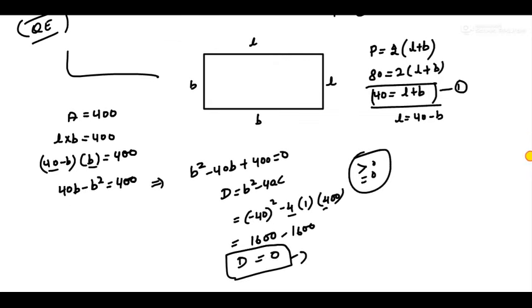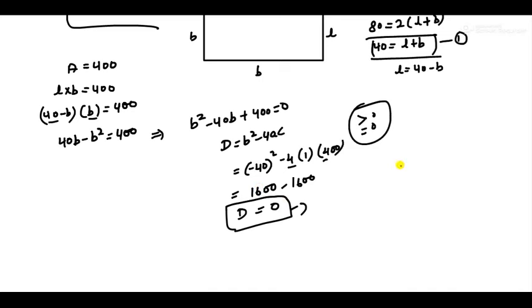Now, how to find the value? So use this equation, that is b square minus 40b plus 400 equals 0. Do the elimination, factorization, or formula method. I will do it by the factorization method. So can I write 20 into 20? Correct. 20 into 20 will be 400.